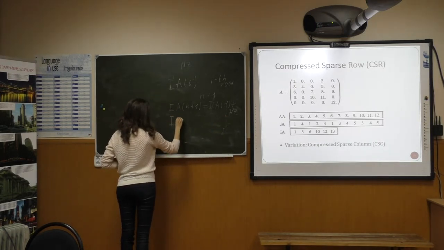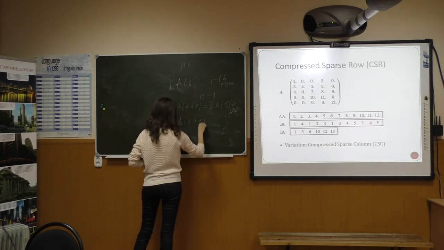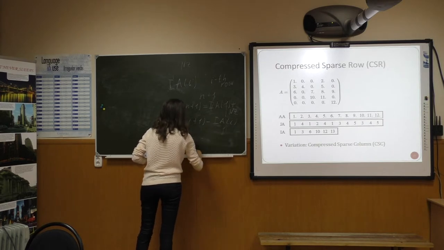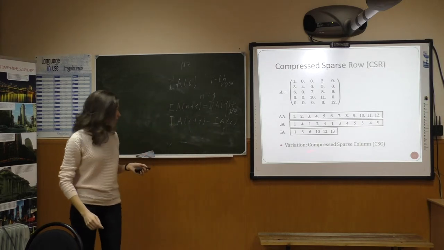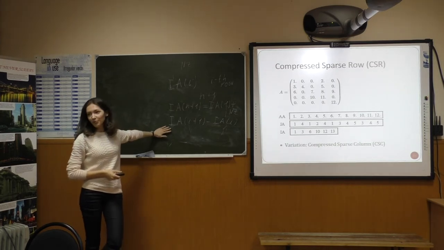And IA(i+1) minus IA(i) will be the number of the elements in the ith row.